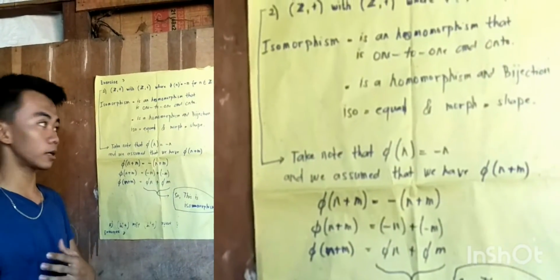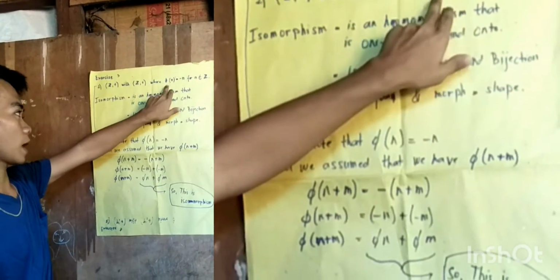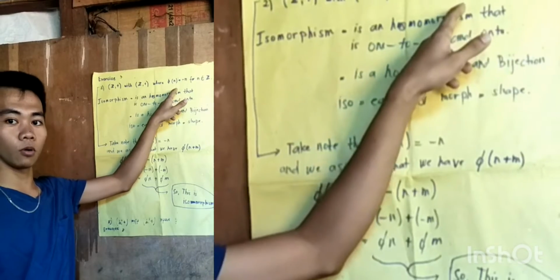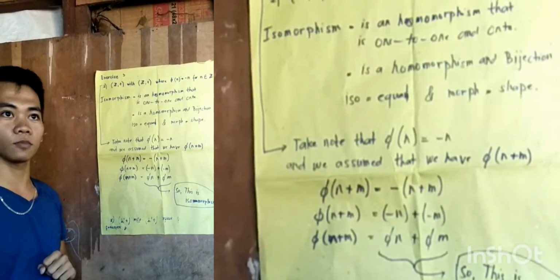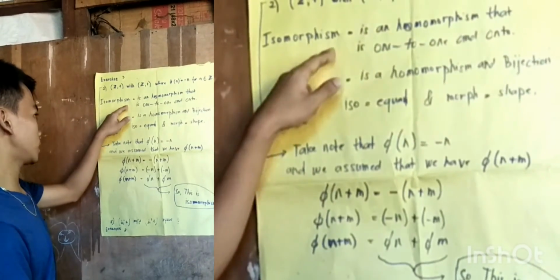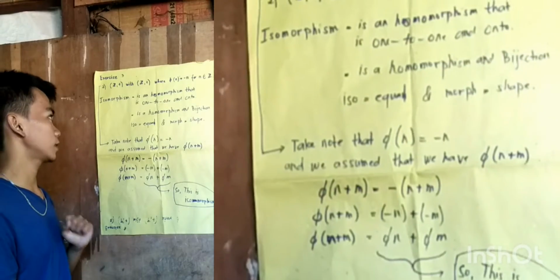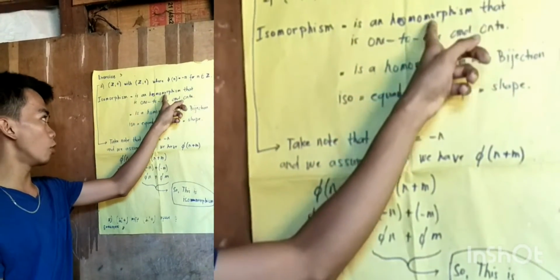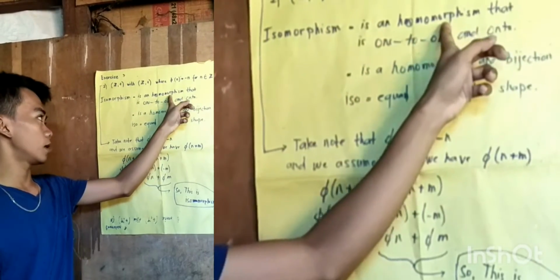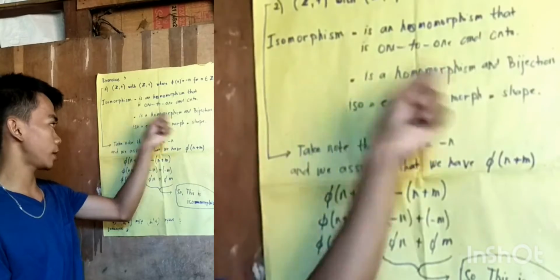my role here is to identify if this problem is an isomorphism. So first, I will define what an isomorphism is. An isomorphism is a homomorphism that is one-to-one and onto. Take note that a homomorphism has the same structure and same shape.